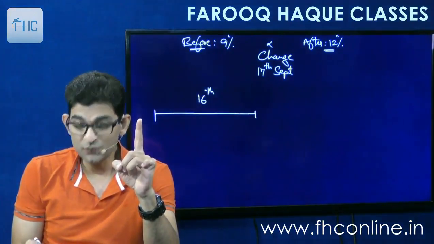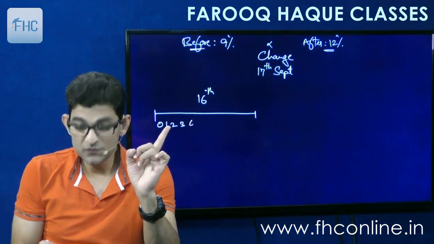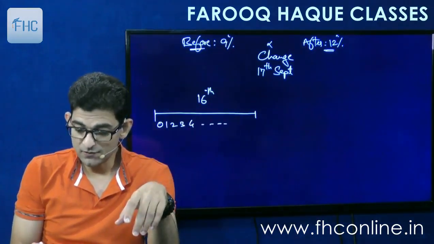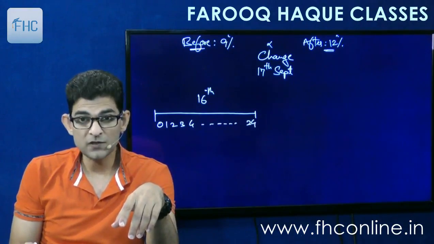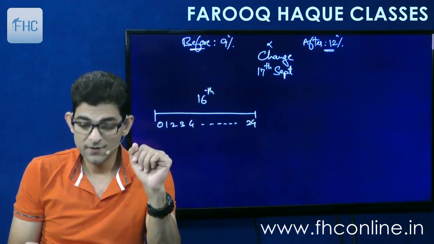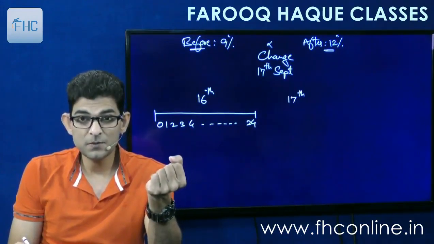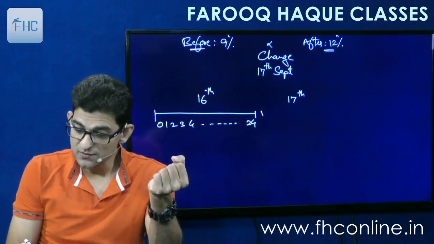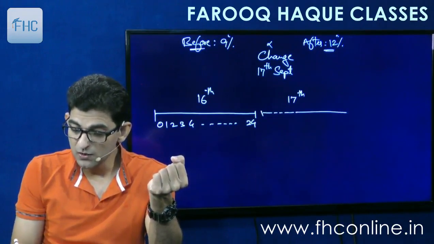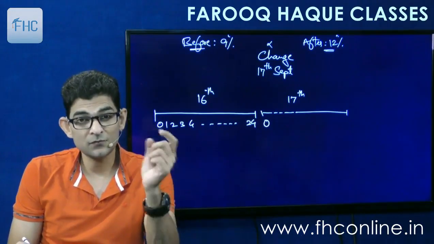This is the whole day of 16th, starting with 0, 1, 2, 3, 4, these are the hours, right up to 24 hours. Night 12 o'clock. And then begins the 17th. As soon as 17 September begins, the new rate will apply right from the 0th hour.